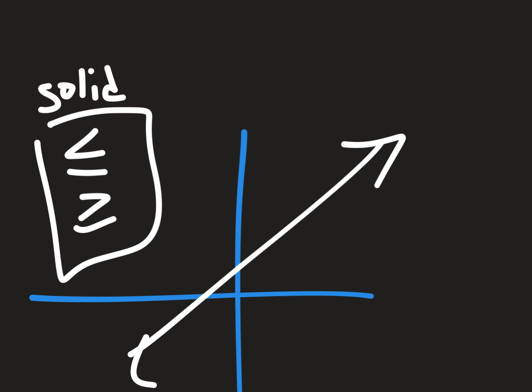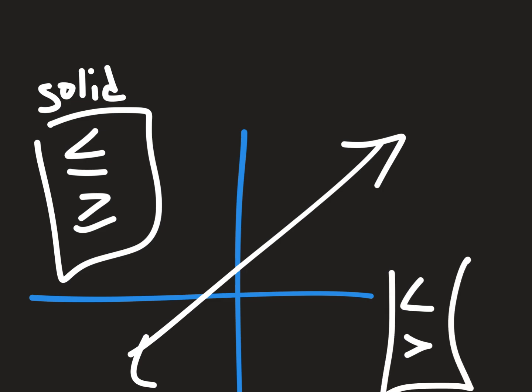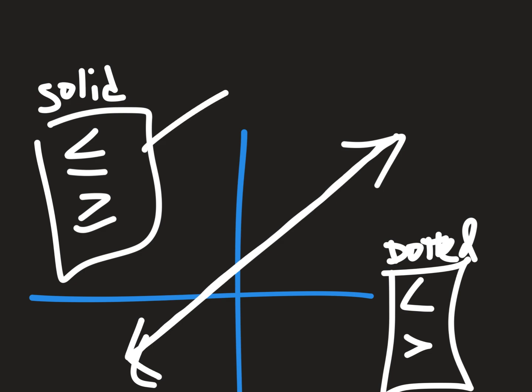If instead it's just a less than or a greater than, those are dotted lines. If you're taking notes so that you can remember this at the key moment on the test, that would be smart to put that in your notes. Solid ones have an equals. Dotted ones don't. All right, so since I used a solid line for this graph, it must be one of these two.